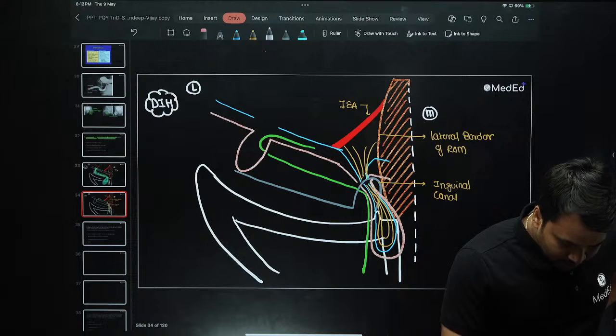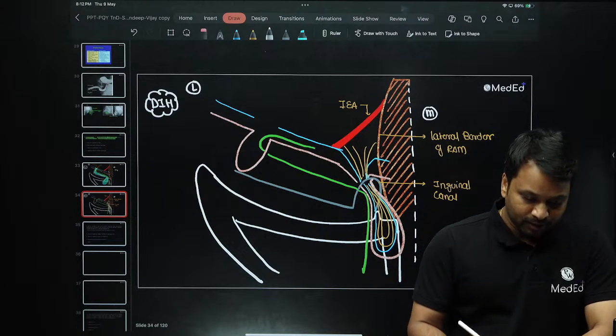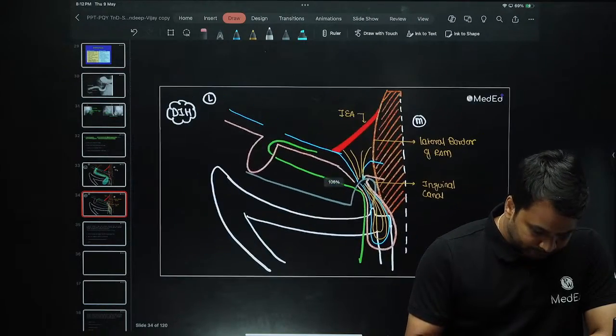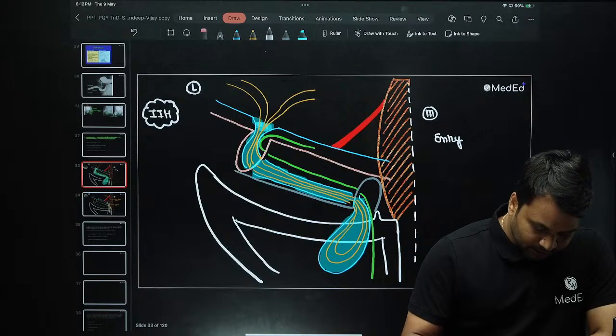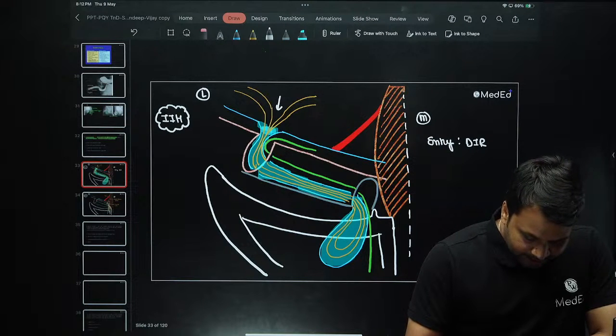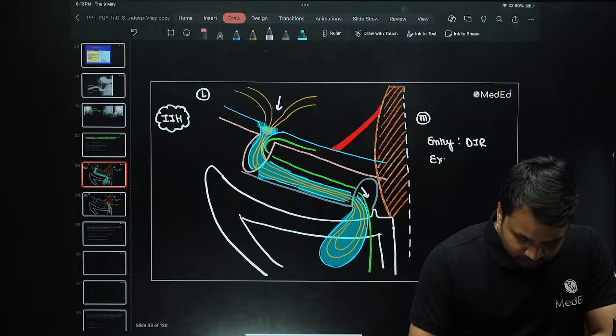Let's understand both. Now, in an indirect inguinal hernia, the entry is from the deep inguinal ring. So, this is the entry point. The exit is from the superficial inguinal ring.